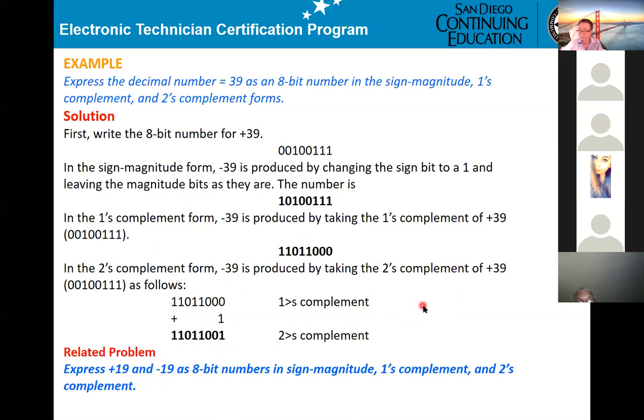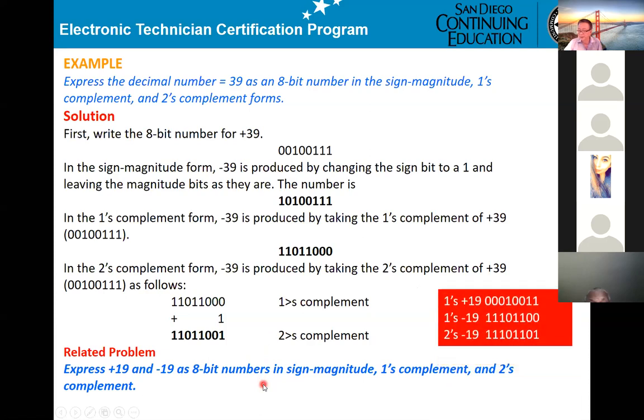No, not yet. Do it now, to see how many people are able to follow it, or you still don't know what to do. 0010011. It's positive 19.